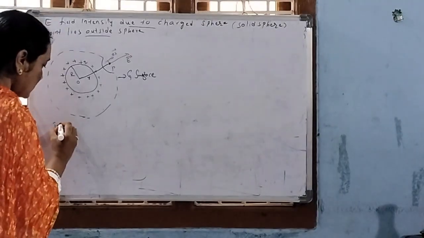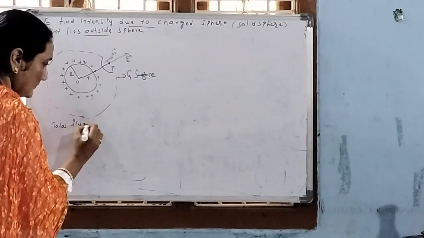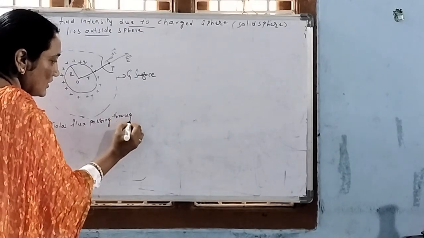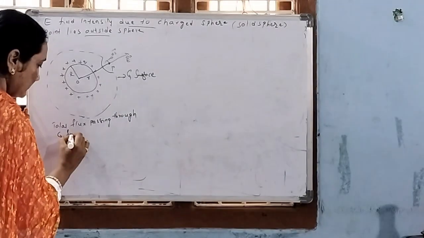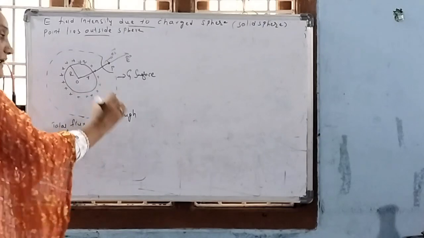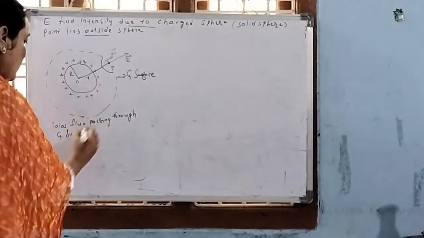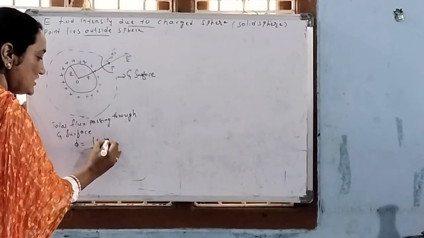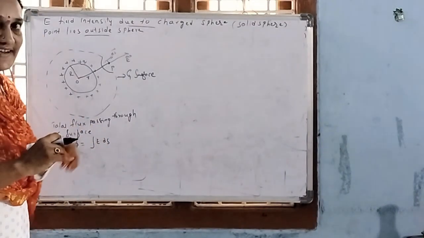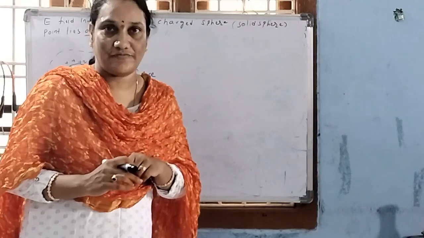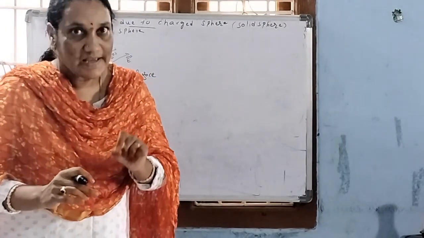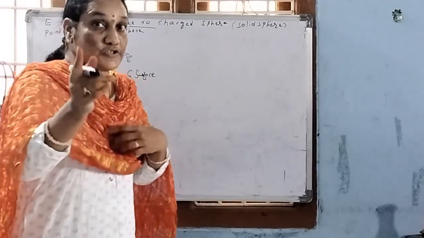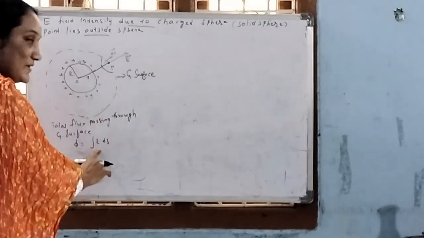So, what is the flux? Phi is equal to integral E dot ds. Now, here we said that as charge is distributed uniformly, the electric field magnitude is the same at each and every point on the sphere, so E becomes constant.